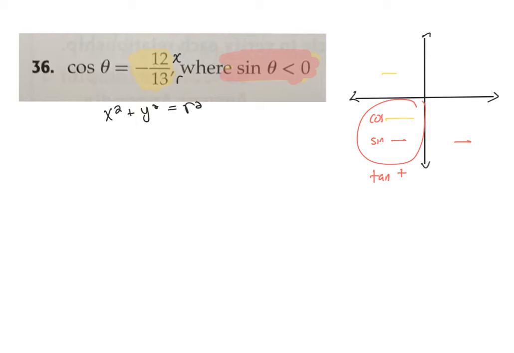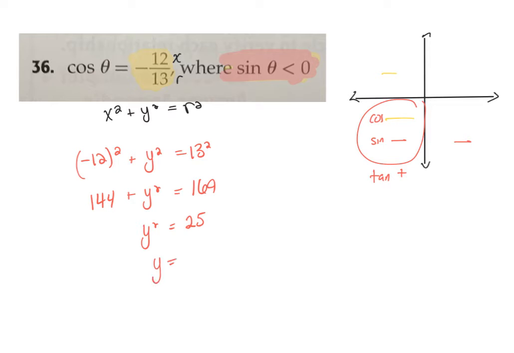So I have negative 12 squared plus my y squared, which I don't know, equals 13 squared. 12 squared is 144, plus y squared equals 169. Hopefully you know that one. Subtract, so y squared equals 25.